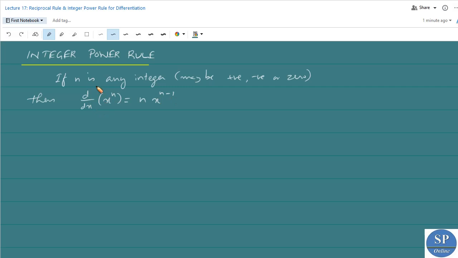So in this integer power rule, n may be positive or negative or 0. That is, n can be greater than 0, less than 0 or equal to 0. But when n is less than 0, then x must be not equal to 0.